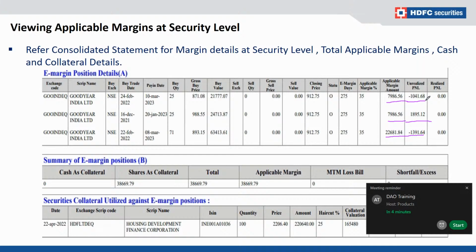This report is sent to the customer showing the script level total margin applicable, either in cash or in collaterals. This report shows the script level total margin payable or applicable, I would say, the margins paid in cash or as shares as collateral.